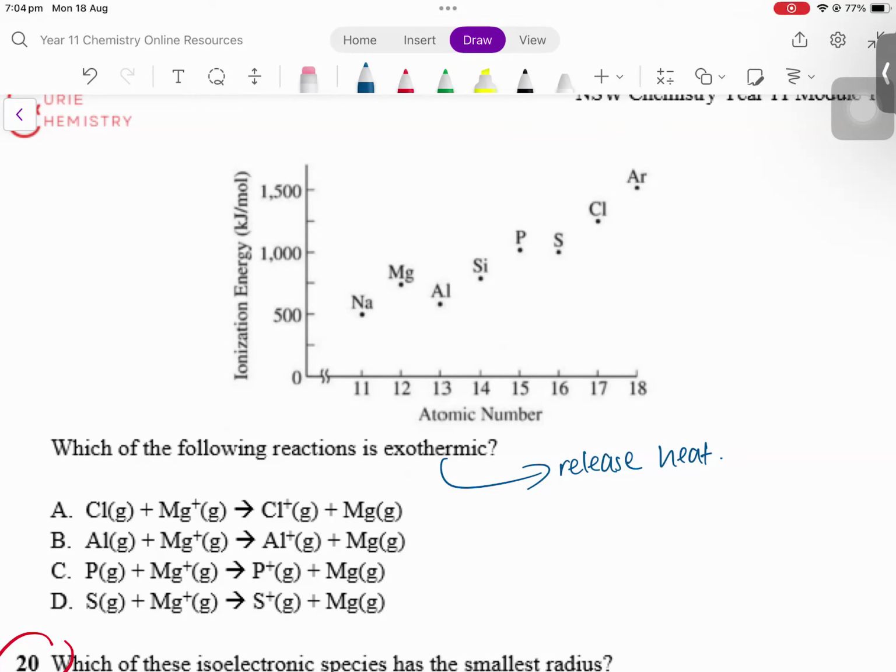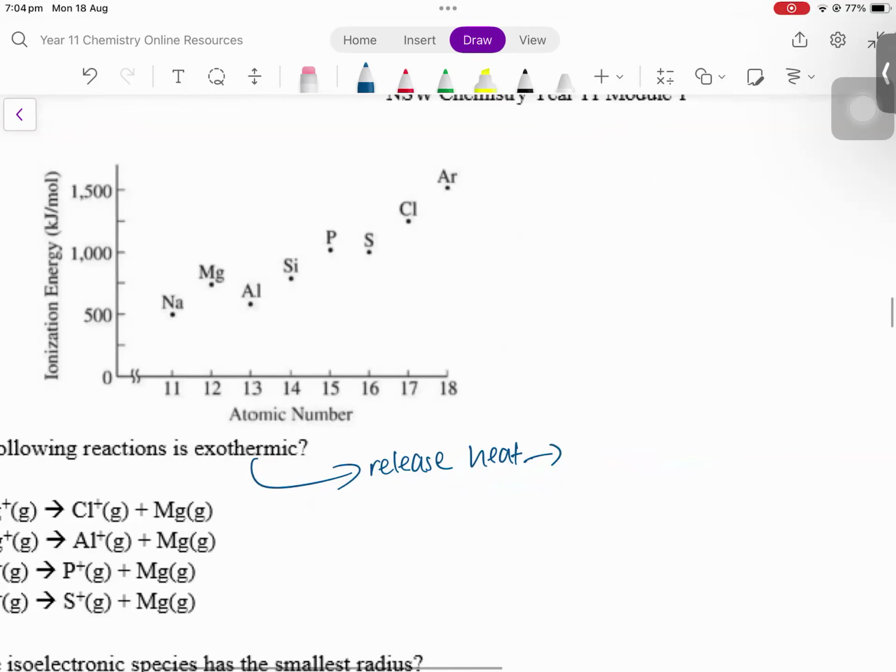If you're releasing heat, if you're releasing energy, the system has lost or gained energy. Okay, the system has lost energy. Energy has been lost.